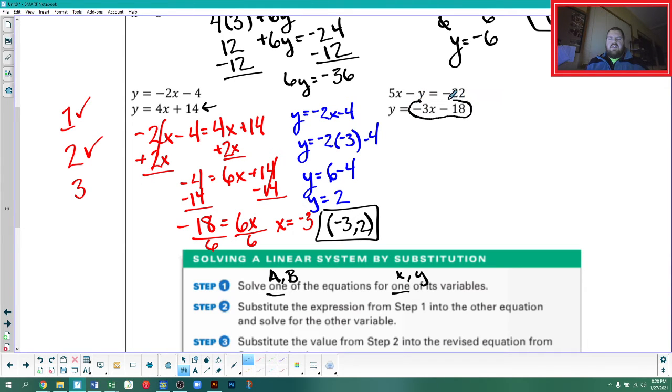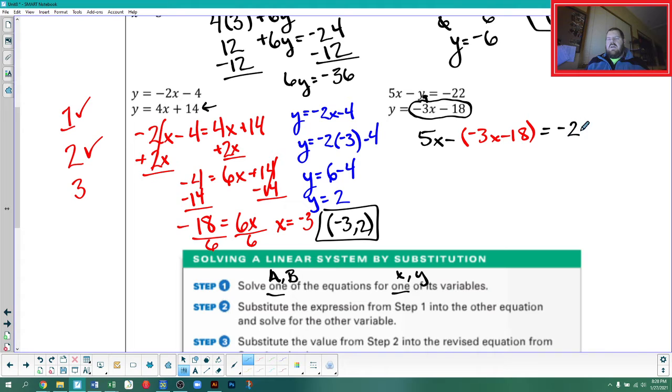Now I want to take a look at this one. I'm going to take this value right here, because this bottom equation says this is y, and I want to plug that in for y in the other equation. So again, step 1's kind of done for me. I'm going to take 5x minus, and I'm going to switch colors here, because I have this as what y is equal to. A lot of times I'll put what I'm substituting in parentheses.